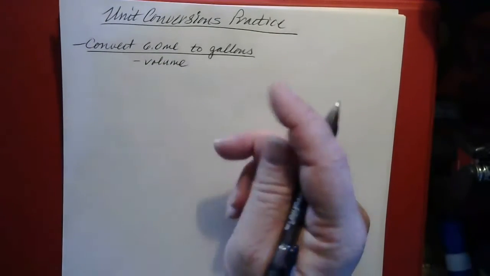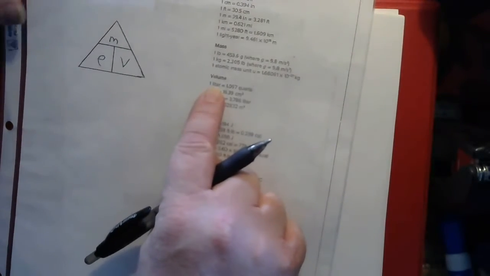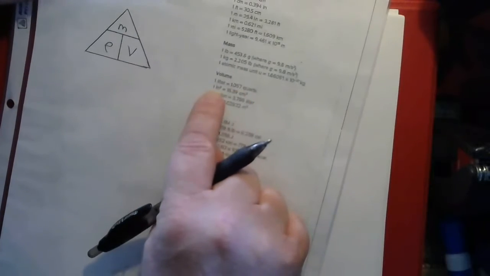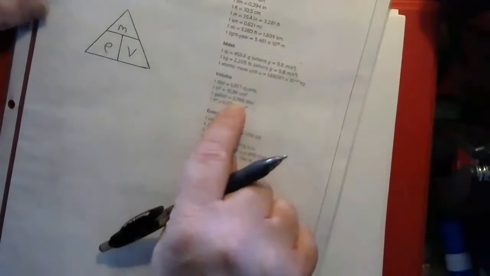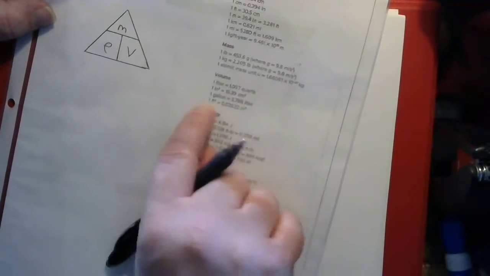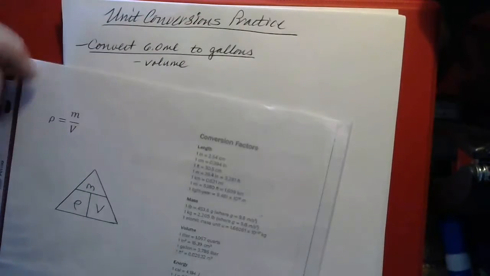Then you can go to your handy conversion factor chart and see what kind of conversion factors you can find for volume. Here we've got liters to quarts, cubic inches, gallons to liters. We've got gallons to liters. Actually, if we can get from milliliters to liters, then we can get the gallons.